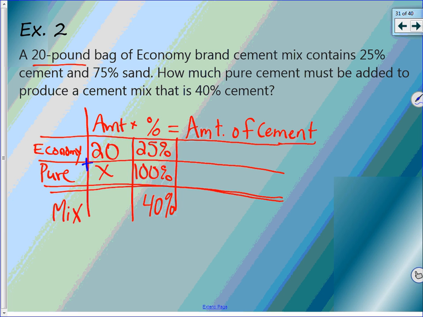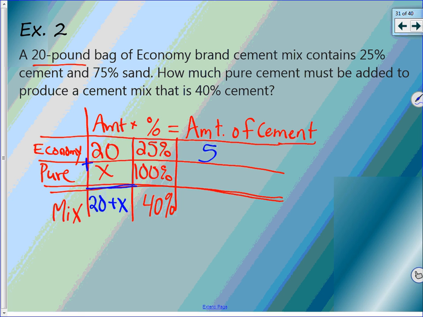Like you pour in the economy and then you pour in the pure stuff. So it's just all being added together. So the mixture, this gets added. And then the amount of cement, this is 20 times 0.25. This is 5 pounds of cement.